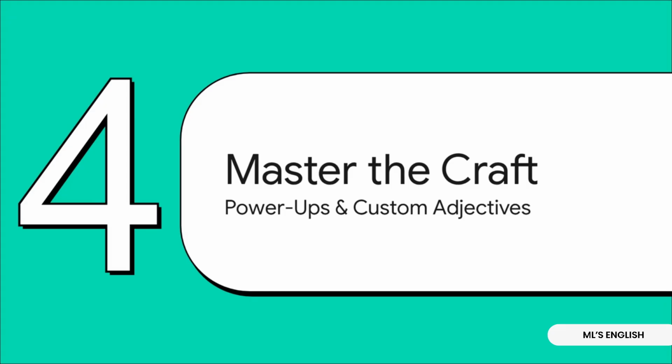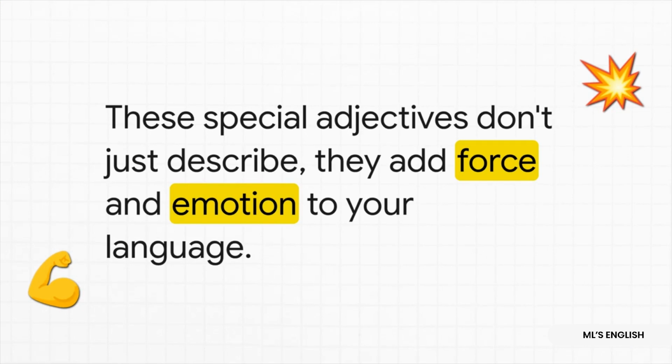Okay, you've learned the basics. You know the tools. Now for the really fun part. We're moving from just using the tools to really mastering the craft. This is where you can add some serious punch and personality to your language. Let's talk about power-ups. These are special adjectives that don't just describe something, they add force, they add emotion.